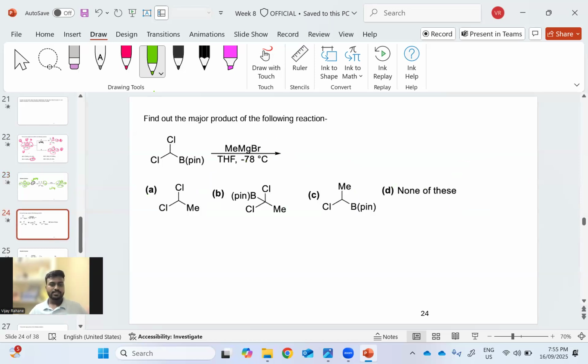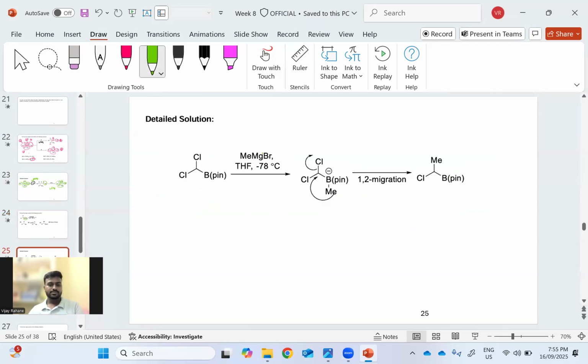The next question is on the major product formed in the following reaction. We have the starting material, which has the chloro substituent on the carbon and the boronic ester substituent. So what will happen on addition of methyl magnesium bromide to this compound?